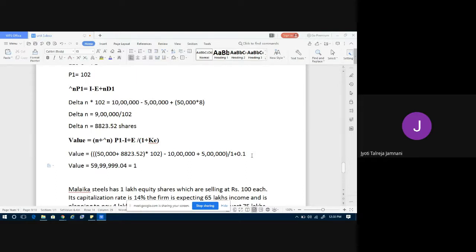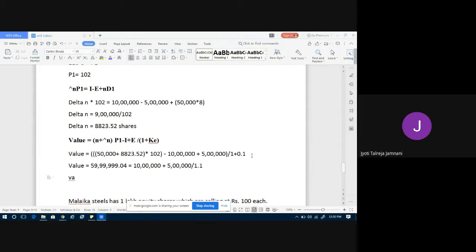From this we should minus 10 lakh, so we'll get 49 lakh, and to this we will add 5 lakh. 54 lakh 99,999.04 divided by 1.1. How much you get? 49 lakhs 99,999.12. Which is nothing but approximately 50 lakhs.